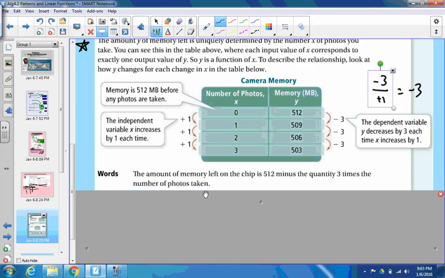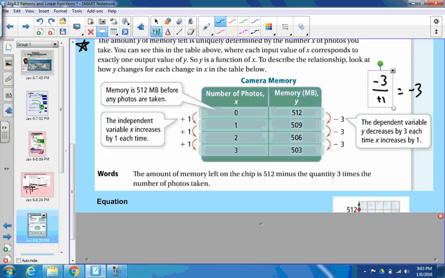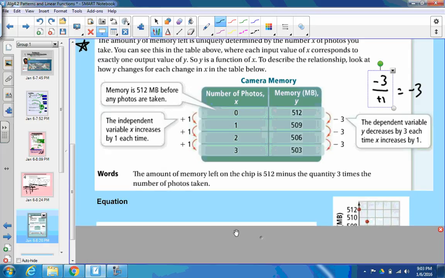In words, it was described like this. The amount of memory left in the chip is 512, because you start at 512, minus 3 times however many photos taken. So the equation I'm going to take is, like we said before, let's start with y equals, and we have that -3, the change in y over change in x, times x.